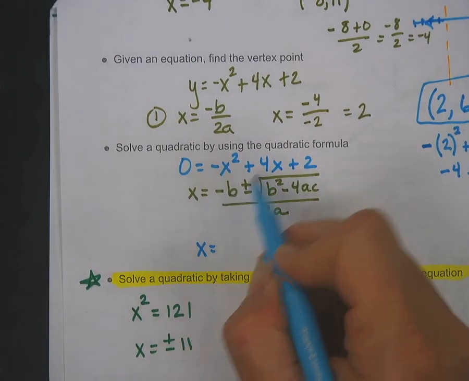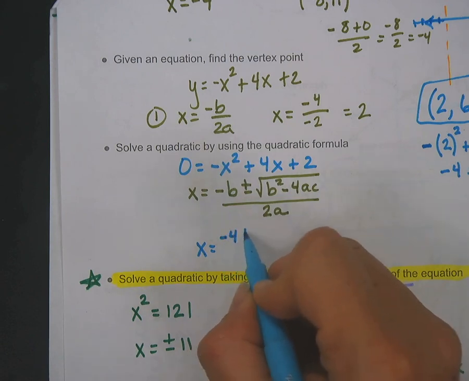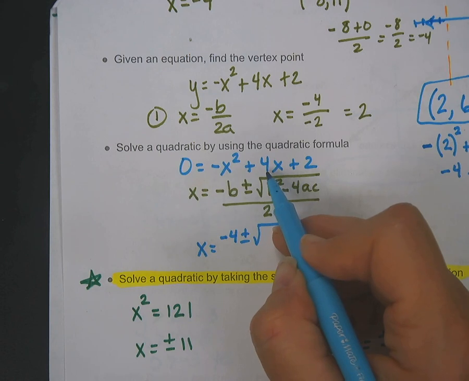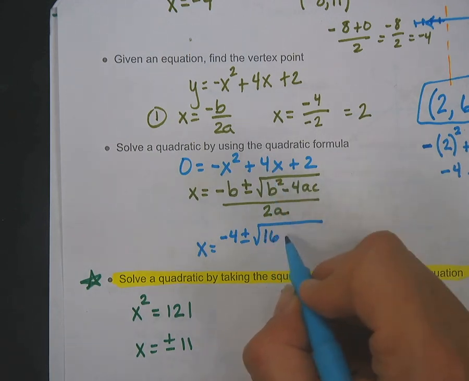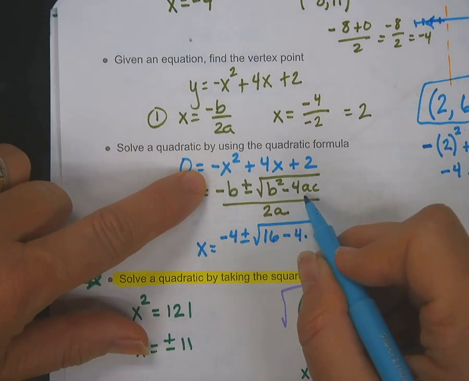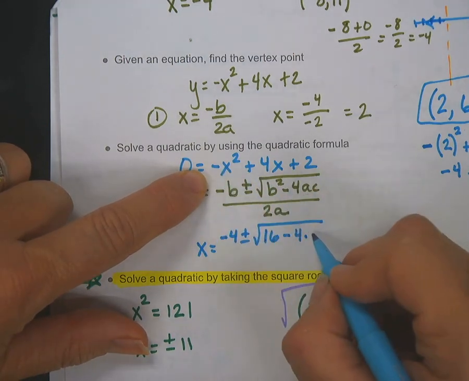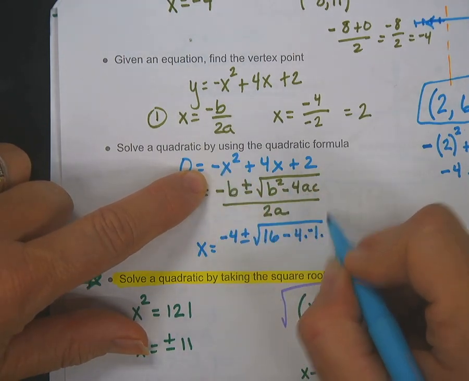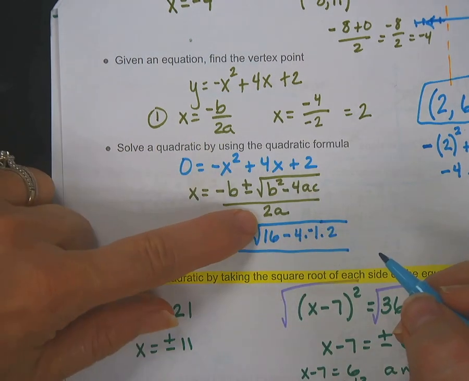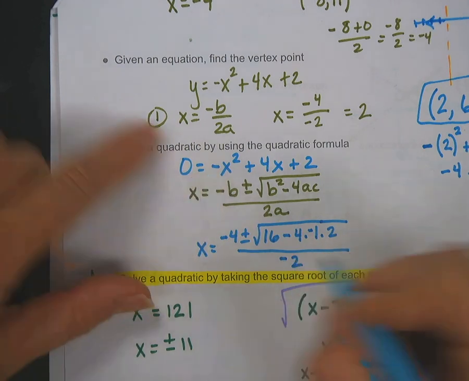So -b is going to be -4. Then we do b squared. So 4 squared is 16 minus 4 times a, which is -1, times c, which is 2. All divided by 2 times -1, which is -2.